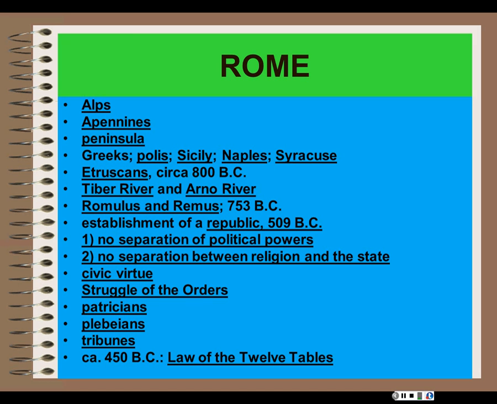Now, that is very important because in a republic, and it's not that old as a republic, right? 509 BC, this is about 450 BC. But in a republic which says that the government operates for the good of all, not for any special interest, then if you have written laws, that's very important because then judgment should be based upon those written laws.